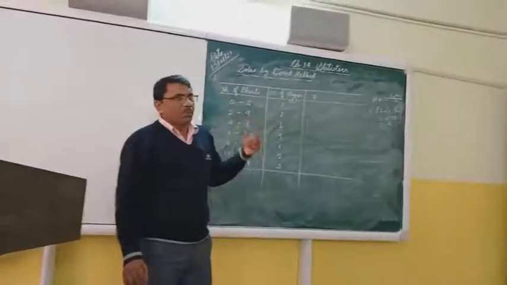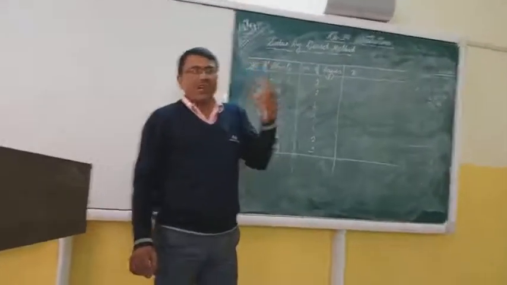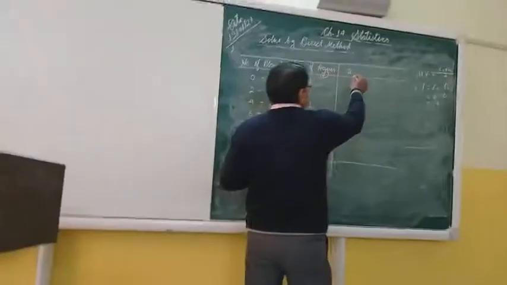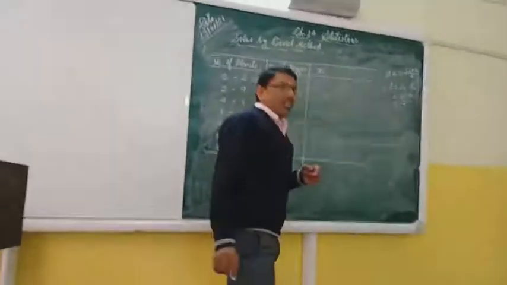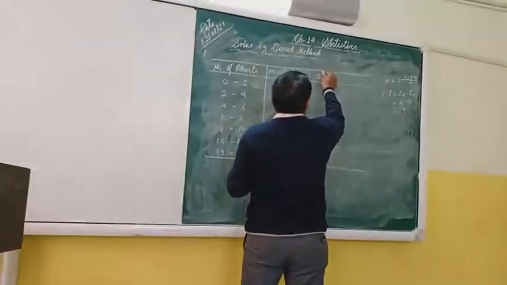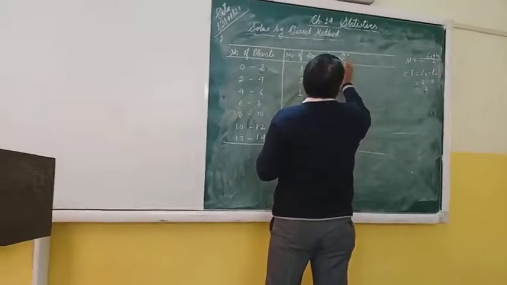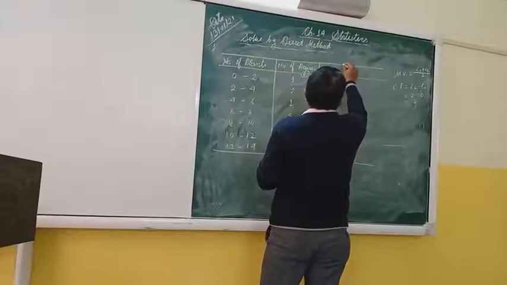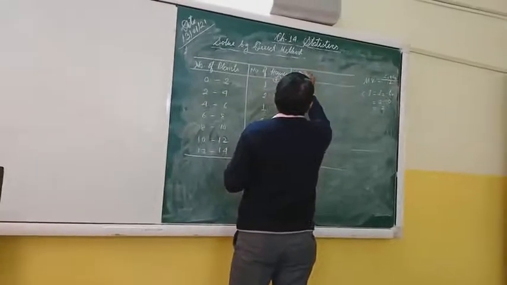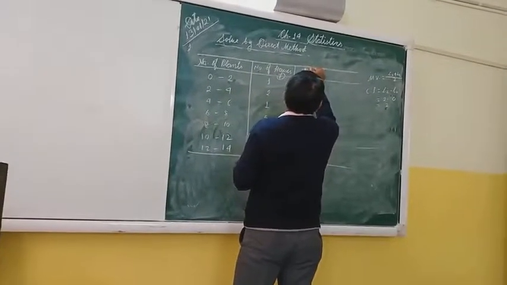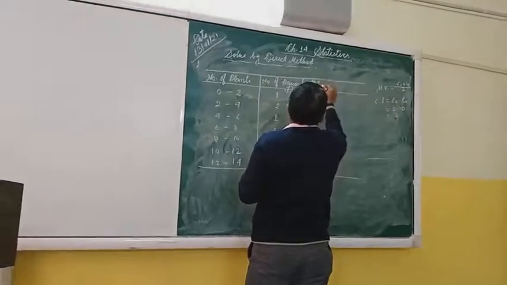So now we are using xi. That is called the mid value. Mid value is what? L1 plus L2 by 2. That is called the mid value, xi.